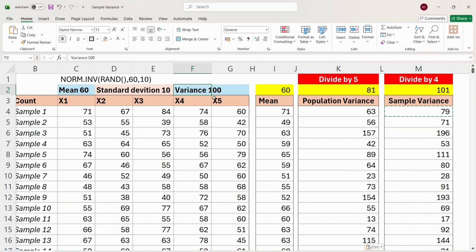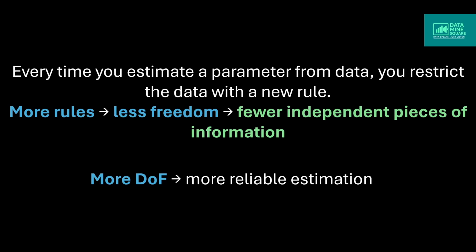So whenever we calculate a particular statistic, like sample variance, and that sample variance represents the population, and the degree of freedom reduces, if we don't adjust the statistic with the available degree of freedom, that statistic will not be able to represent the population correctly. So that is why we need degree of freedom.